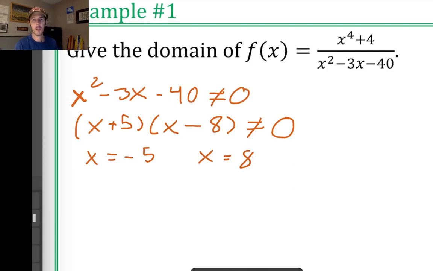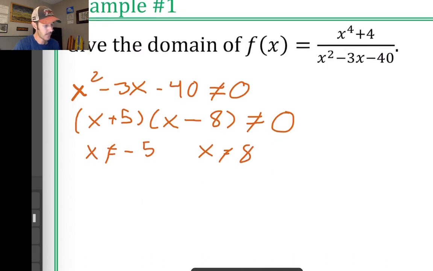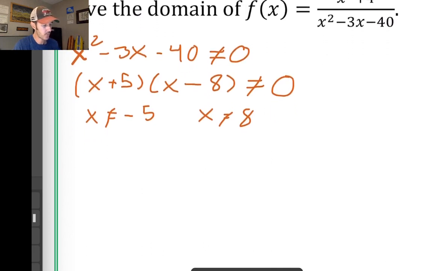There we go. Alright, so these are the numbers that we don't want x to equal. I'm putting a little slash through those equal signs. So this is a list of the x values that we're not allowed to use. It's more typical when you're answering a domain question to give a list of x values that you are allowed to use.